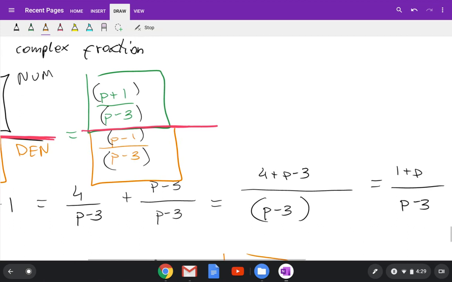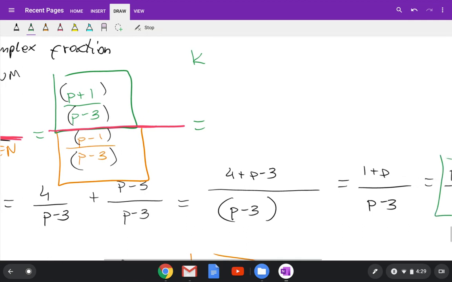So apply keep, change, flip. Keep the numerator, which is p plus 1 over p minus 3. Keep it.